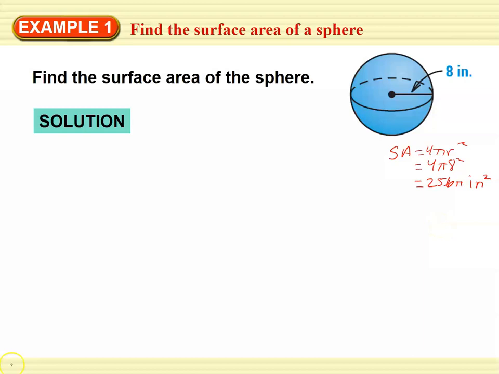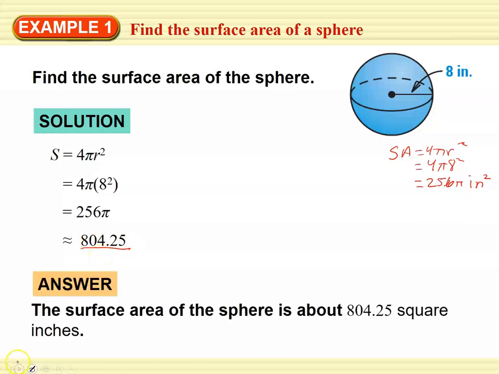Or you could take the 256 times pi, and you get about 804.25. So you can write the answer as 804.25 inches squared or 256 pi inches squared. But again, because it's surface area, it's going to be inches squared.